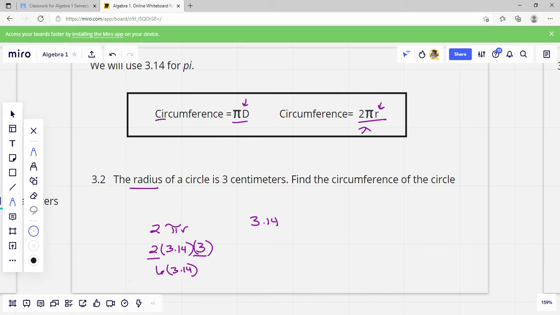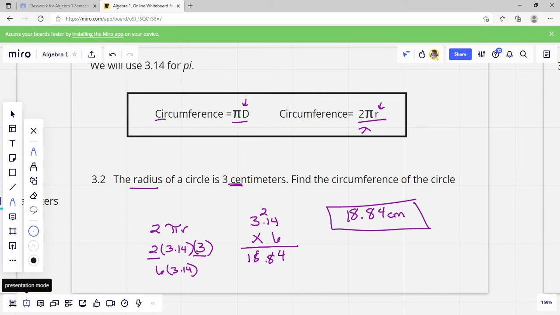And remember, multiplying, it doesn't matter which order you do it in. 6 times 4 is 24. 6 times 1 is 6, 7, 8. 6 times 3 is 18. 18.84 would be our circumference. And it says centimeters, so we're going to say centimeters. So that's how you solve for circumference.